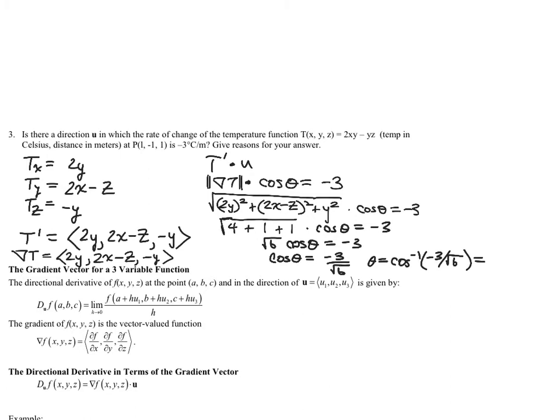That became -2 squared is 4. 2 times 1 minus 1 is 1. -1 squared is 1. Schnitzel.